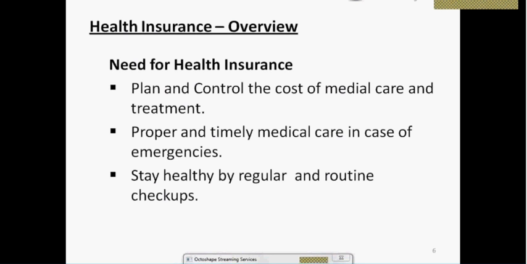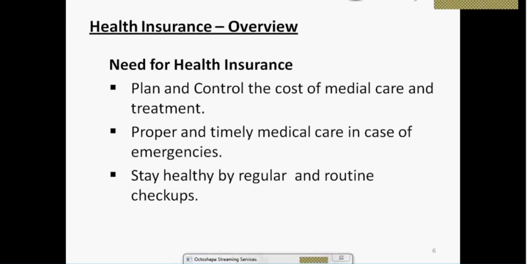So in order to have those costs taken care of, you should have a proper plan, proper insurance coverage, to provide that kind of service to you, right? So that is the need for you to have health insurance. You should have proper and timely medical care in case of an emergency. That's where your health insurance comes in.